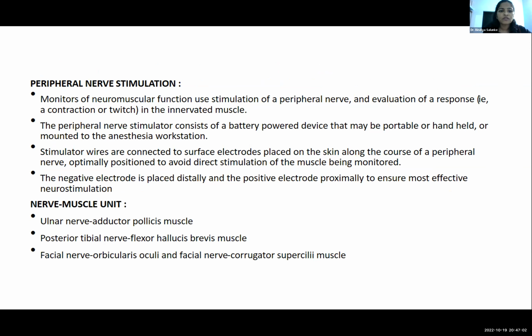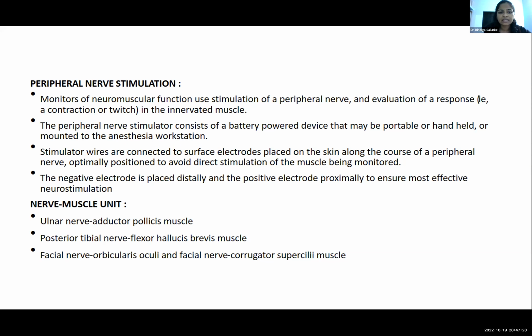Monitors of neuromuscular function use stimulation of a peripheral nerve and evaluate the response, that is a contraction or twitch in the innervated muscle. The peripheral nerve stimulator consists of a battery-powered device that may be portable or handheld or mounted on the workstation.